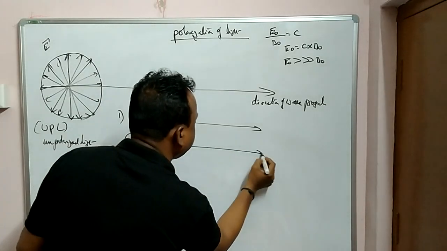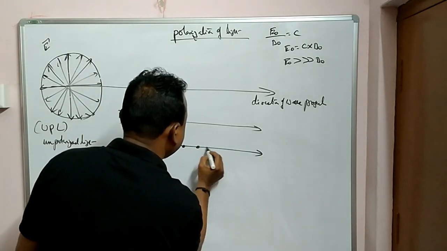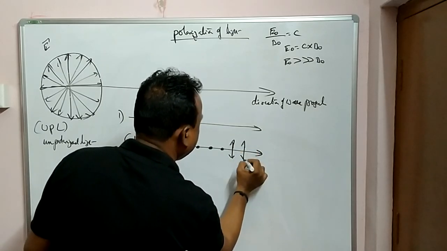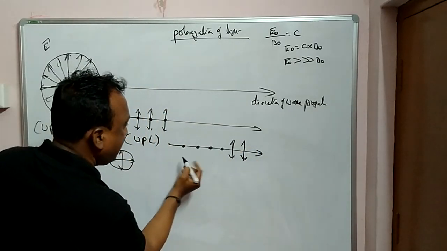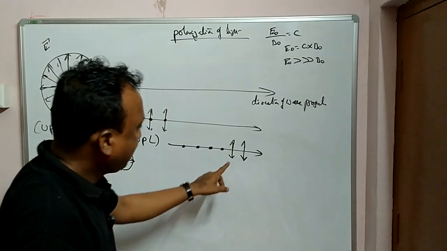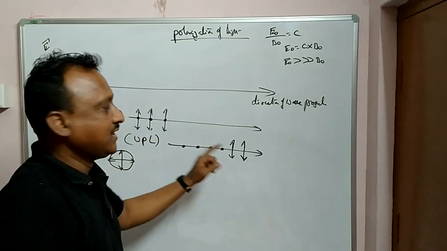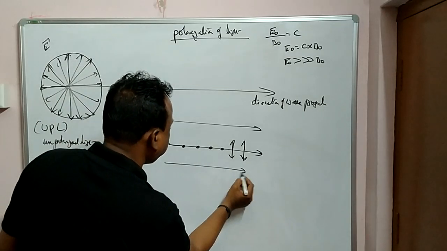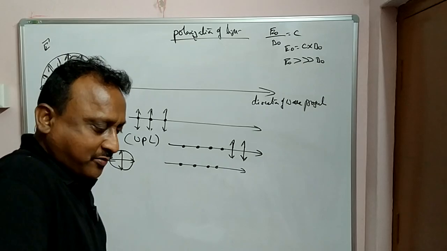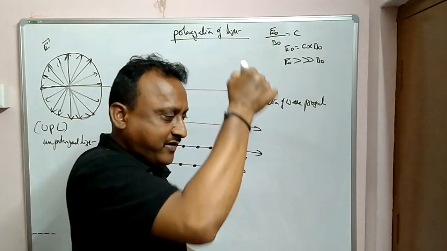This symbol, two arrow marks with a middle dot, indicates both. Suppose you are indicating in this fashion: here horizontal is there, and vertical is also there. Suppose here only dots are given, then only the horizontal electric field is there, no vertical.